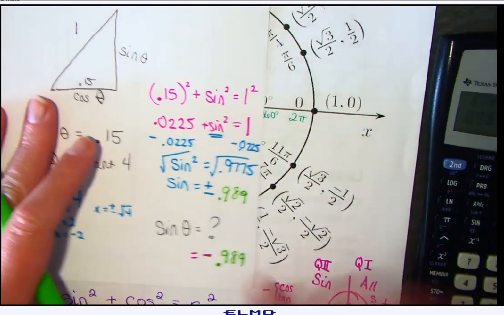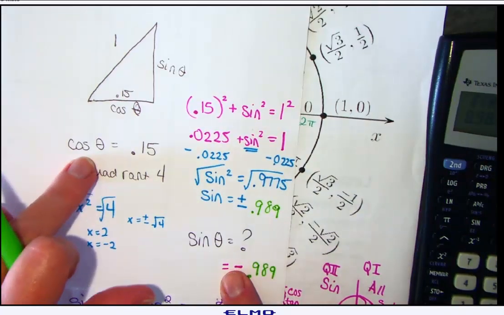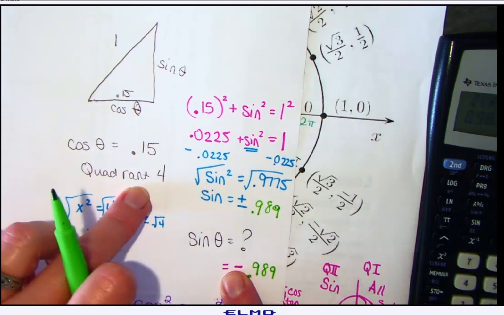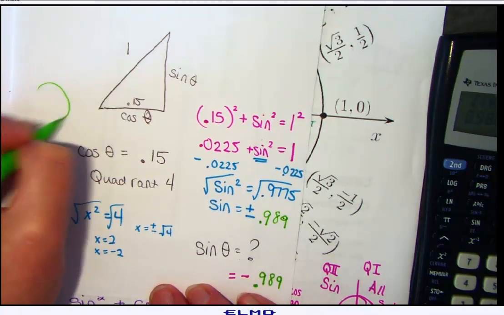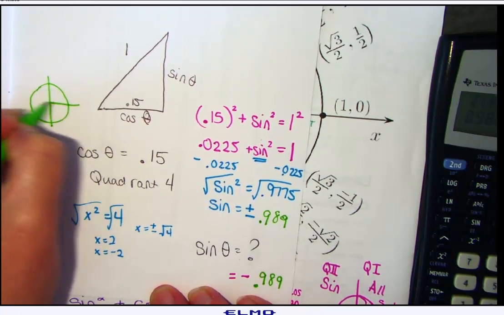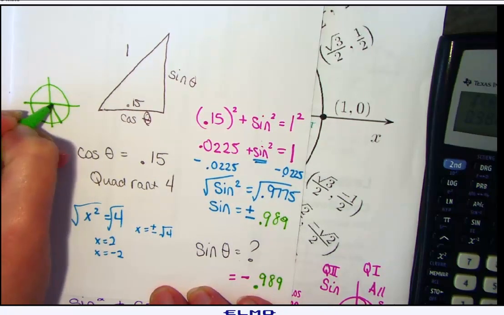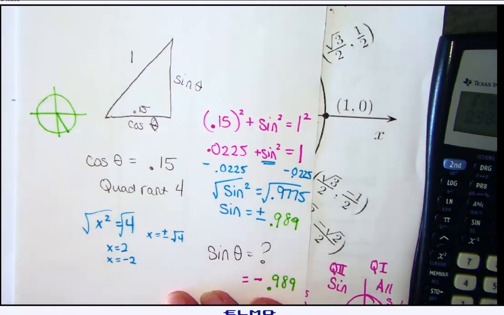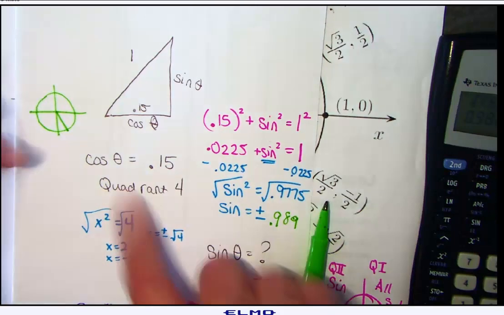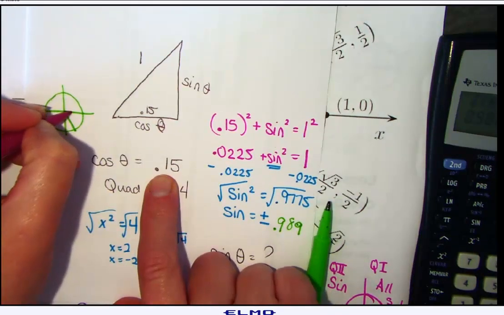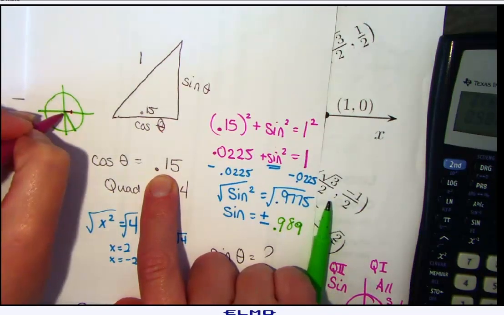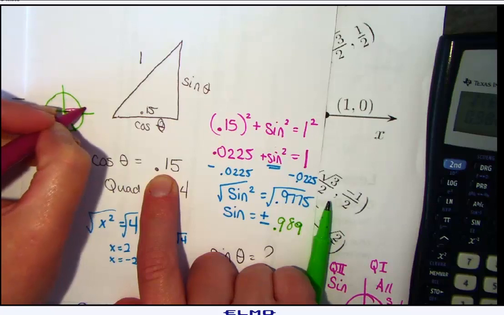Now to see if that makes sense, I had a cosine angle. It was in quadrant 4. It was a pretty small x value, cosine, pretty small, 0.15, compared to this whole radius of 1.